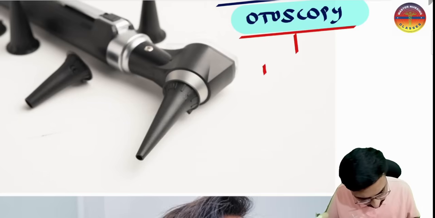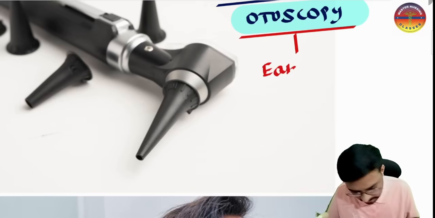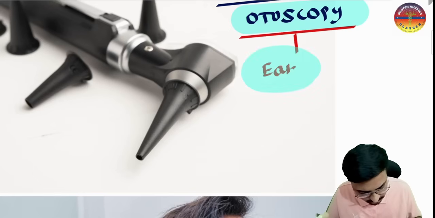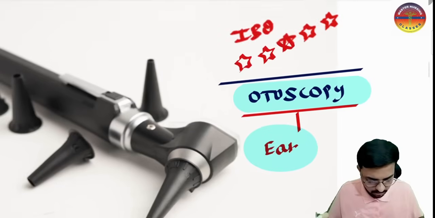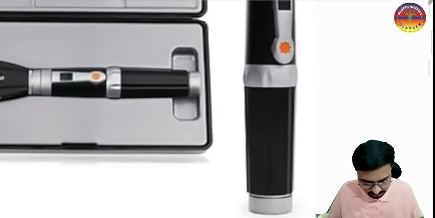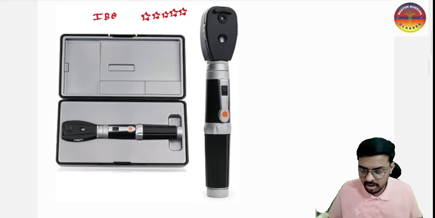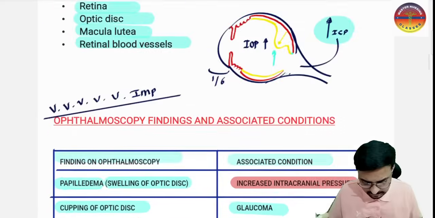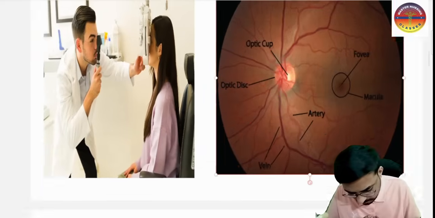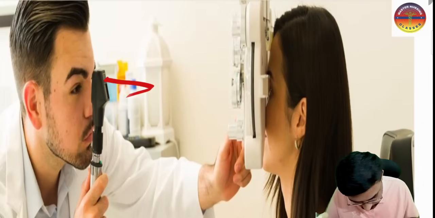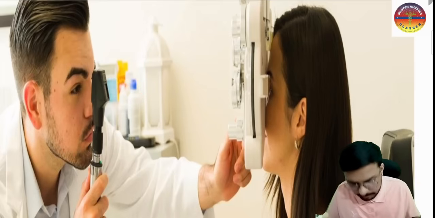Next, here we have the ophthalmoscope, whose front is not sharp. You can see this in this image also. Are you able to see how the ophthalmoscope is? The front of this one is not sharp. Getting the point? Yes, sir.